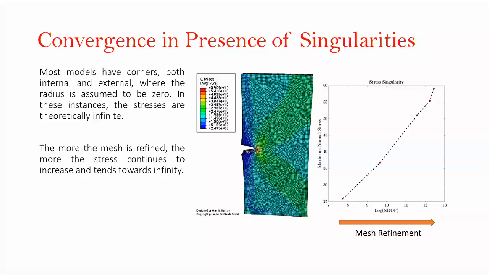The thing is, if you try to do FEA for this crack by assuming a 0 radius at the tip of the crack, and then try to find the mesh convergence by making the mesh finer and finer to find the ultimate converged solution, it's very surprising that you will never get to the converged solution, because the more elements you use at that corner, the more the stress continues to infinity.